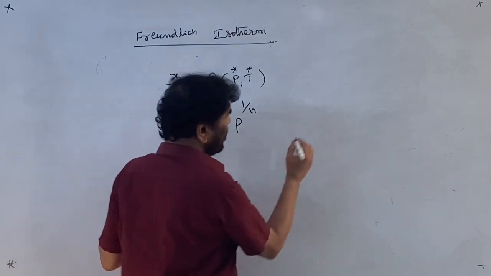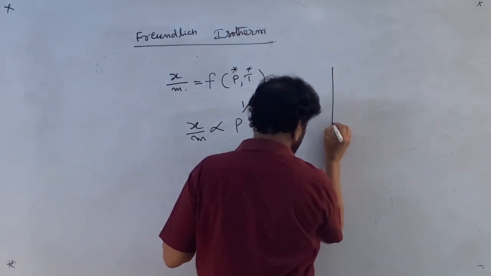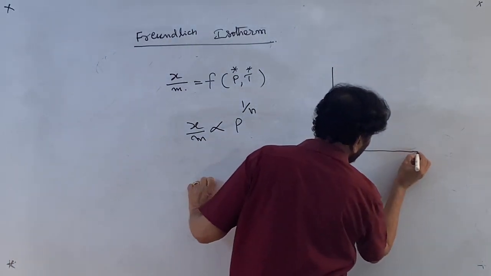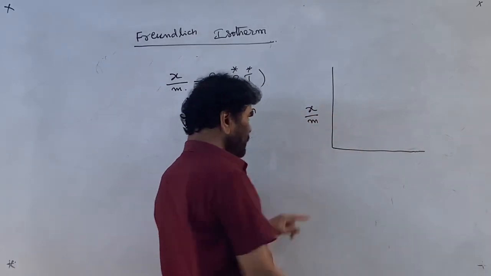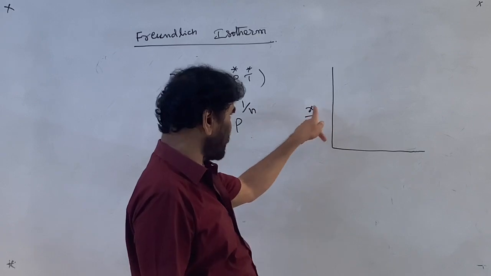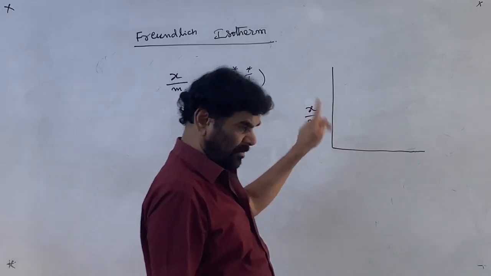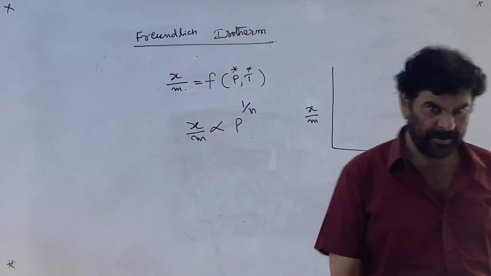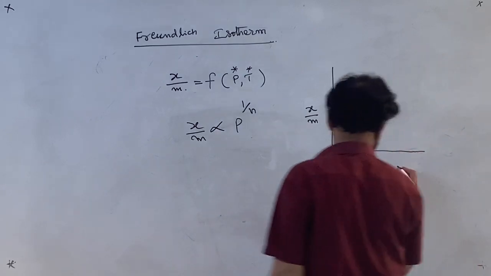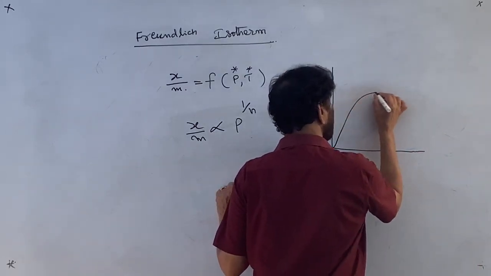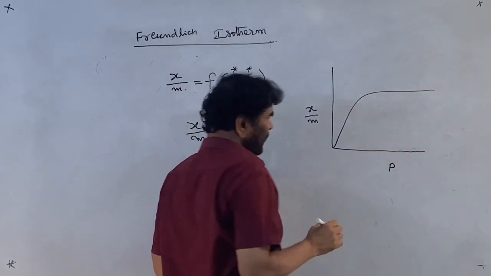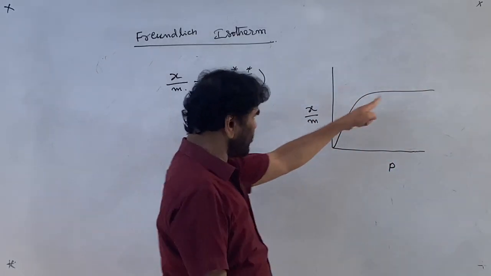Freundlich, the graph is: this is x by m, the extent of adsorption, the mass of the gas adsorbed per gram of the adsorbent, and this is the pressure. Under low pressure conditions, this is the curve.